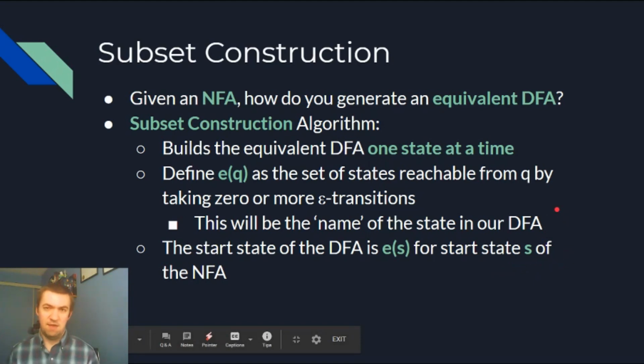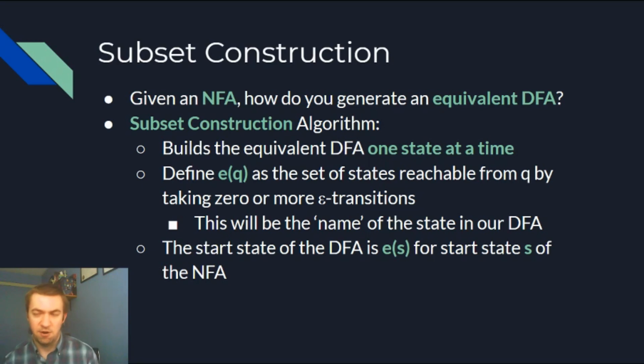So let's say that you have an NFA where you have one starting state, but it has an epsilon transition to Q1. When we look at our DFA, we're going to start out at a state whose name is both Q0 and Q1, because that's the set of states that you could start out with in your NFA without processing any input.